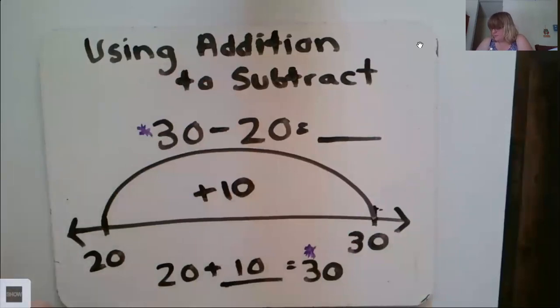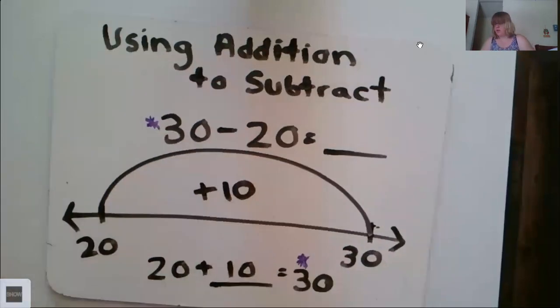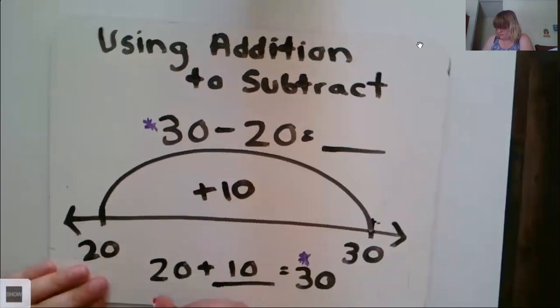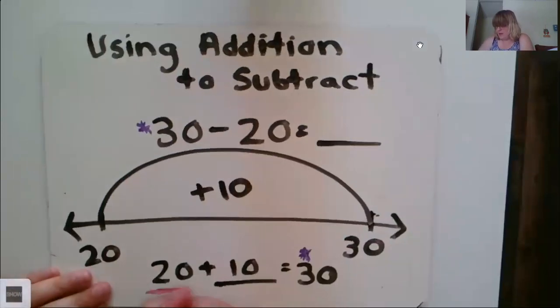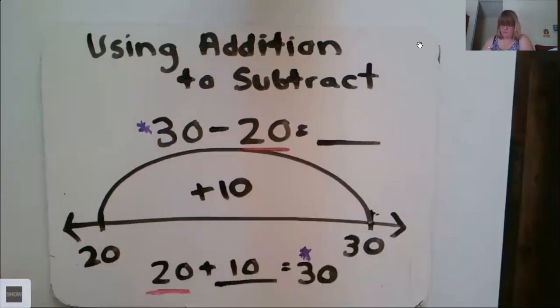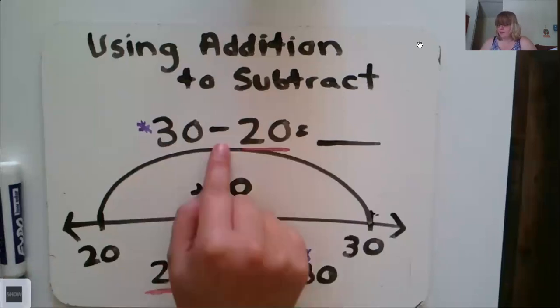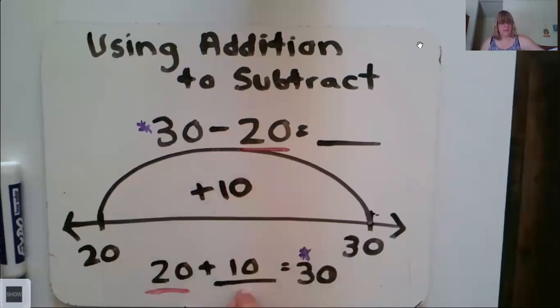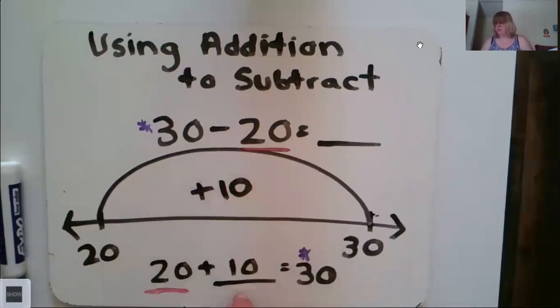Then I take the addend I already knew, so I already had 20, and that is what I'm subtracting from 30. So now I know that if 20 plus 10 is 30, if I flip my problem around, 30 minus 20 has to be the same answer as this missing addend.